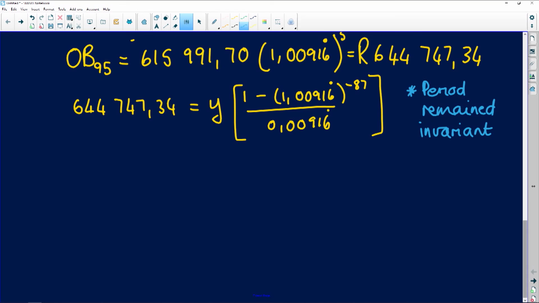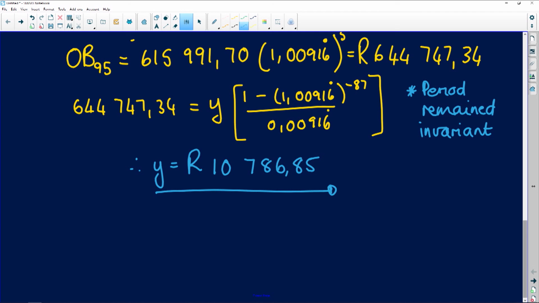Okay, so we can put this into our calculator, turn it around, multiply it with the other side. This is just calculator work that you are very, very familiar with, and your new monthly payment becomes 10,786 rand and 85 cents is what Thabo's got to pay to amortize this loan.